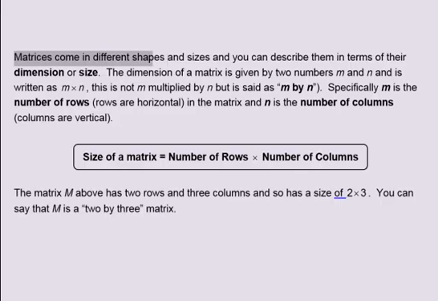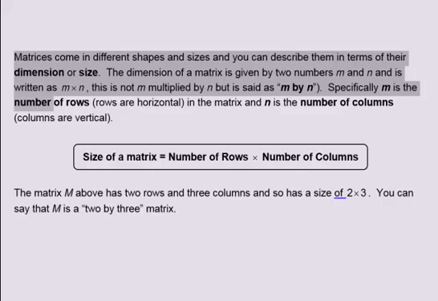Matrices come in different shapes and sizes, and you can describe them in terms of their dimensional size. The dimension of a matrix is given by two numbers m and n, and is written as m cross n. This is not m multiplied by n, but is said as m by n.